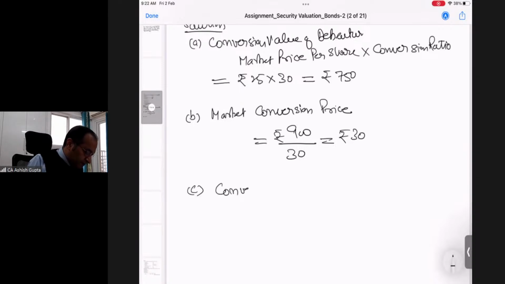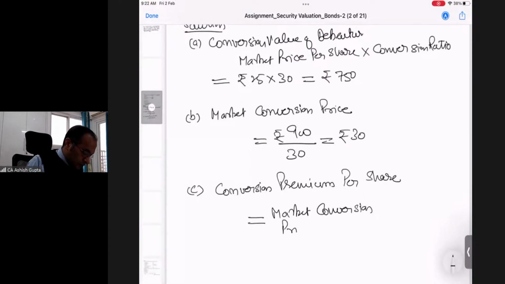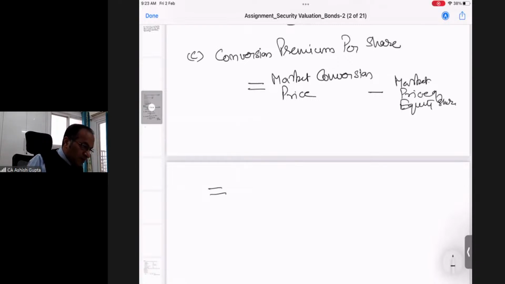Conversion premium per share. Market conversion price we have computed here.